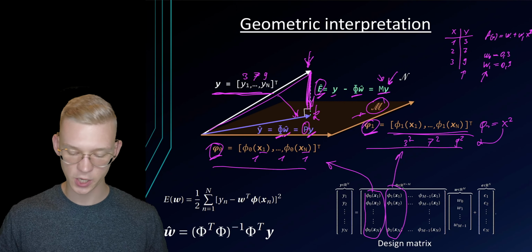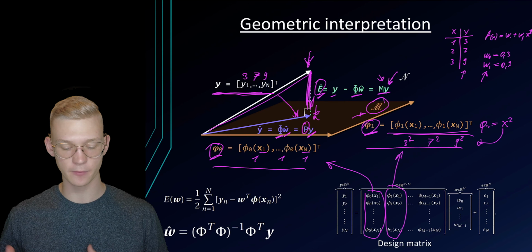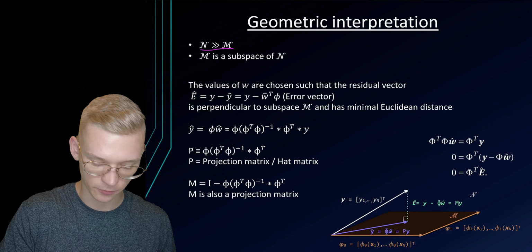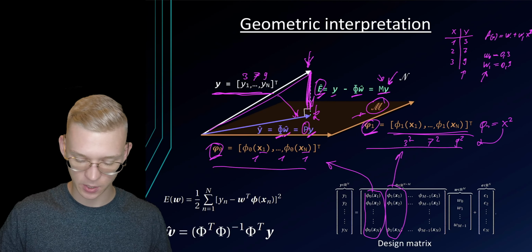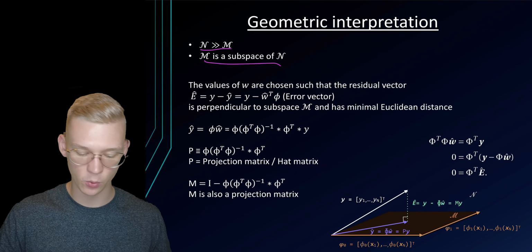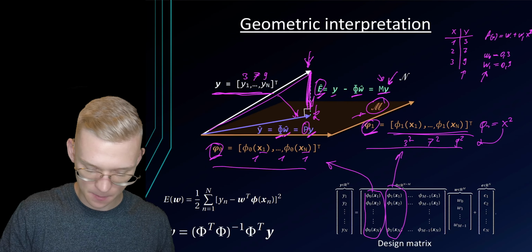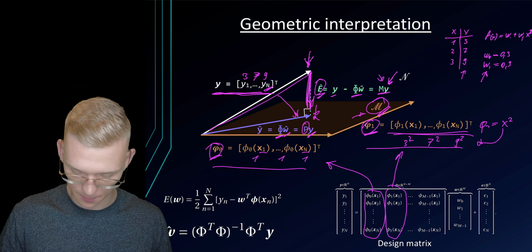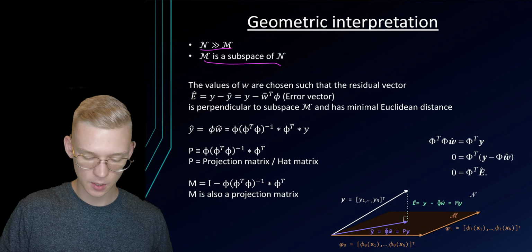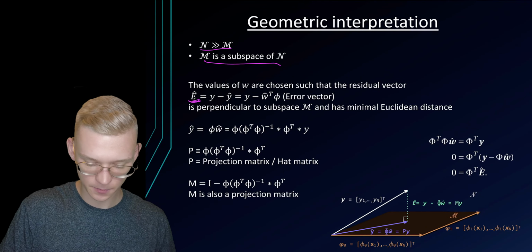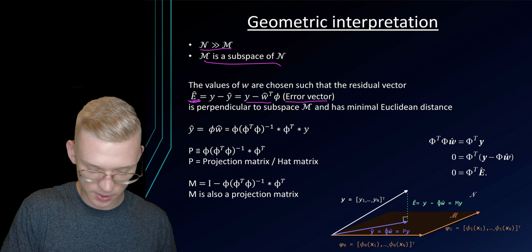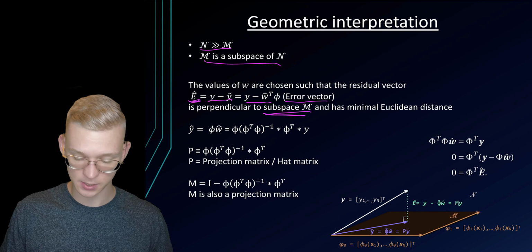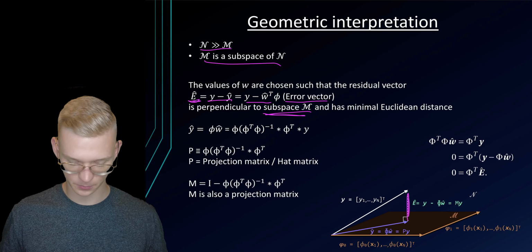If we choose the values so that they are optimal, we will get an orthogonal projection. We assume that for now we have many more observations than basis functions, so M is now a subspace of n. Our error vector is just the difference between the true and the observed ones, and it's perpendicular to the subspace of M.